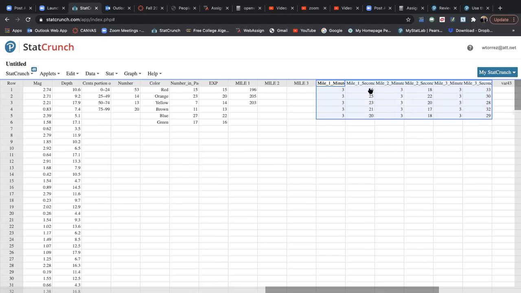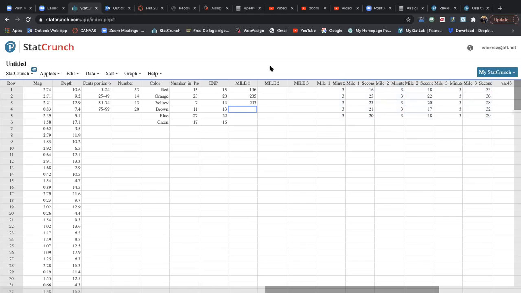Yeah, that's not what we want, is it? Because it's separating off the minutes and seconds here and giving us 6 columns. So let me nix this and continue with the seconds data here, like we did in the worksheet.